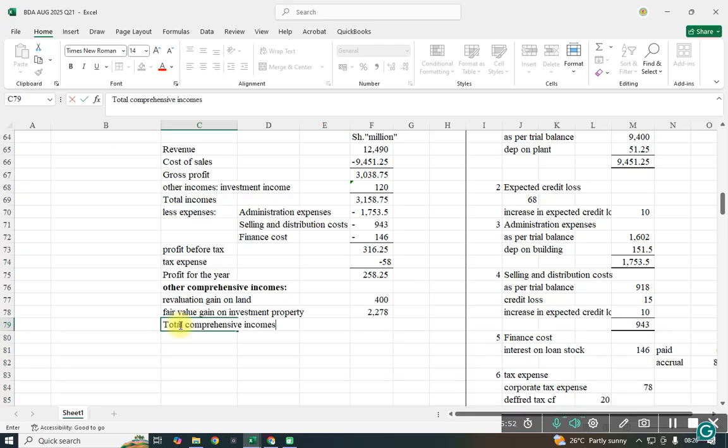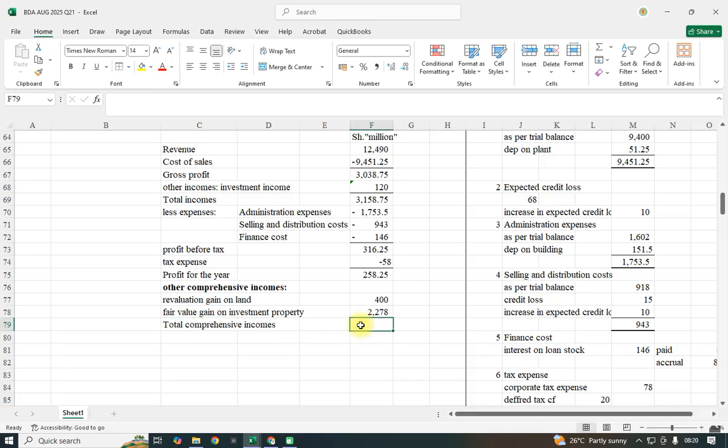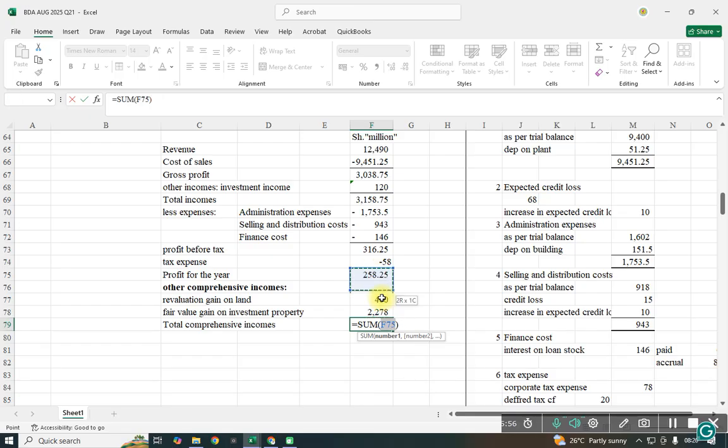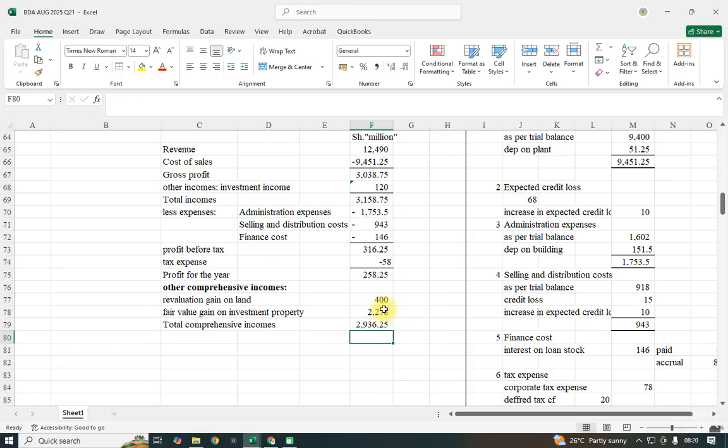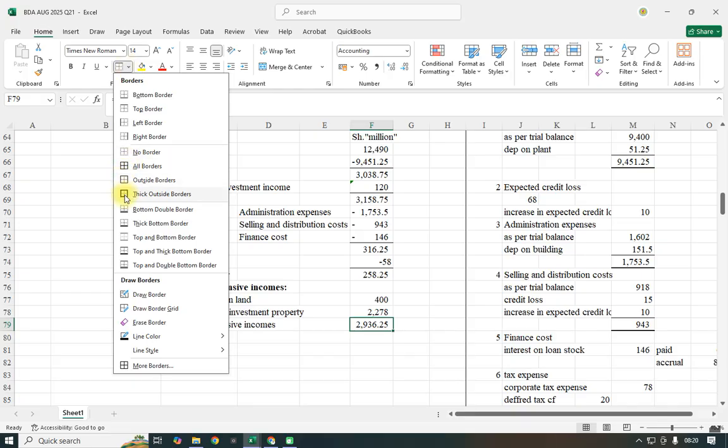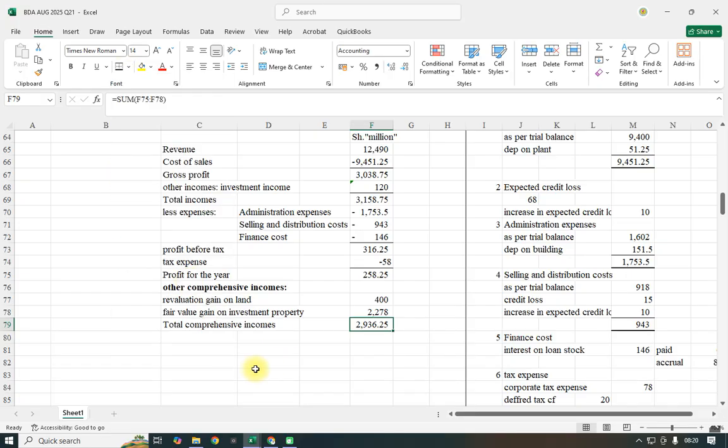That will be our total comprehensive income.